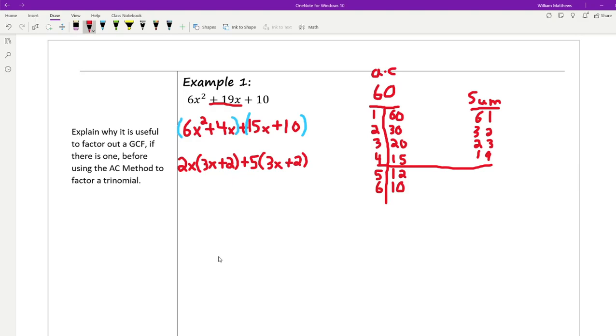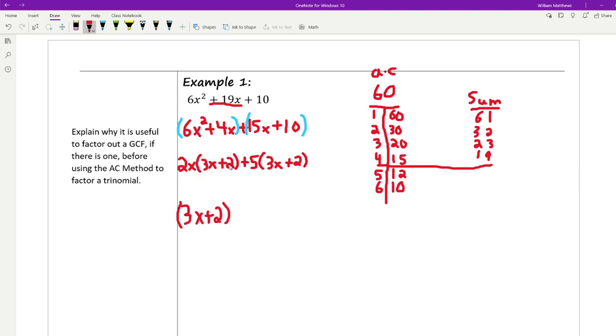Now when I do this, what I'm saying is I am factoring out 3x plus 2 from both terms. I call them terms because all this is being multiplied together.